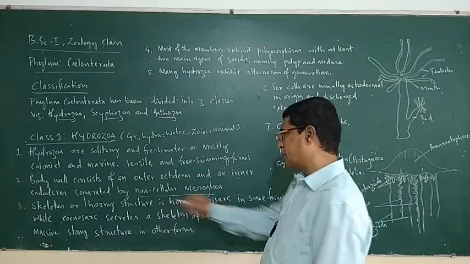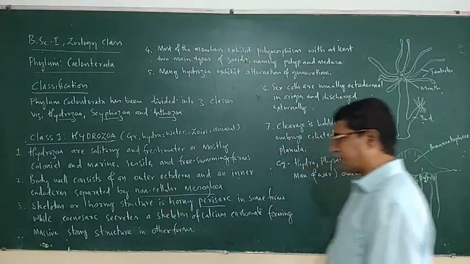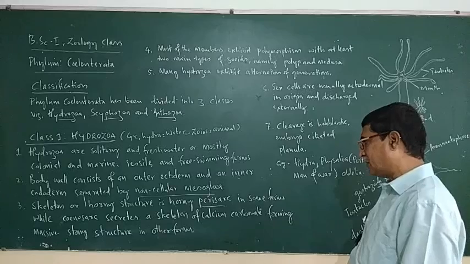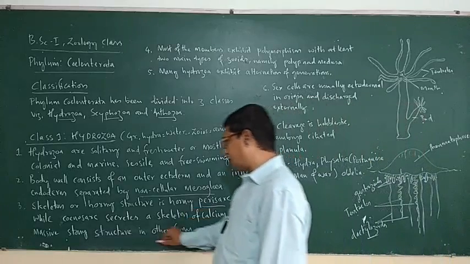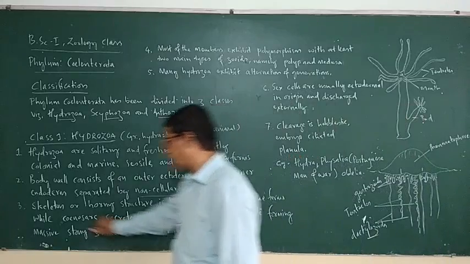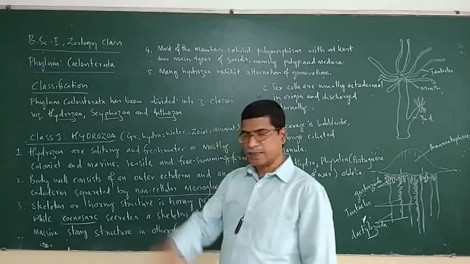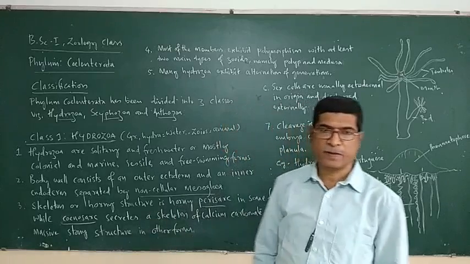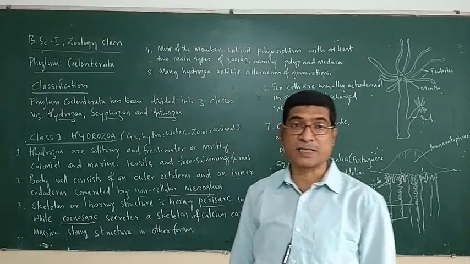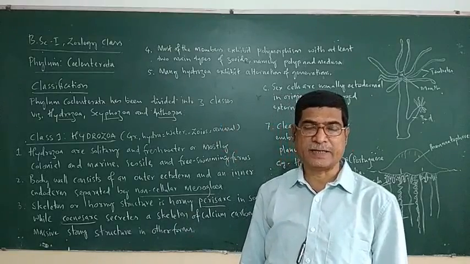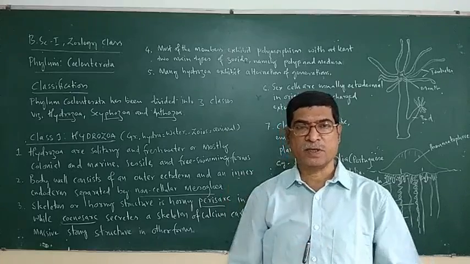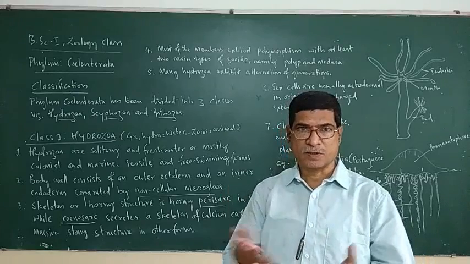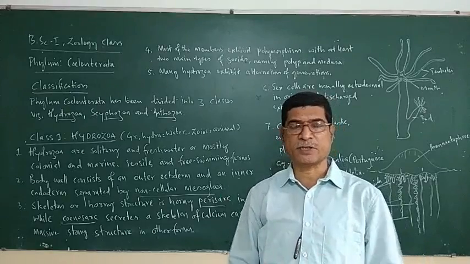In some forms, like Millepora, the coenosarc secretes a skeleton of calcium carbonate, forming massive stony structure in other forms, as in corals.